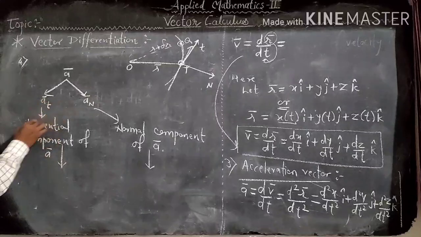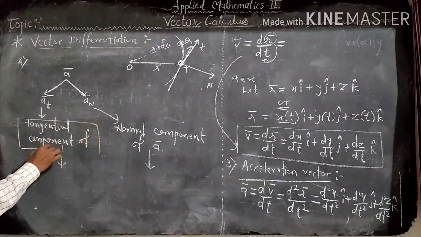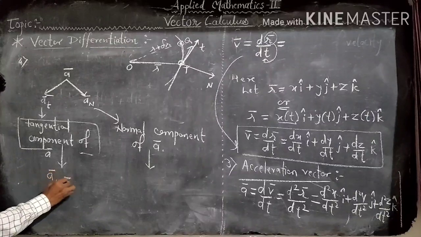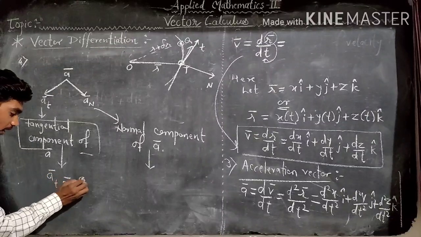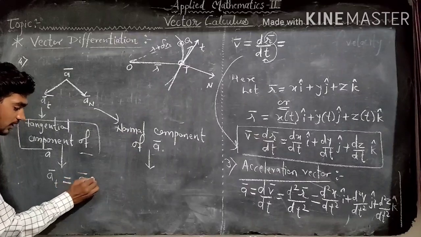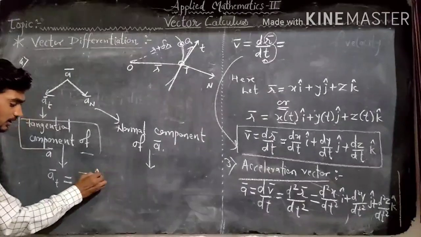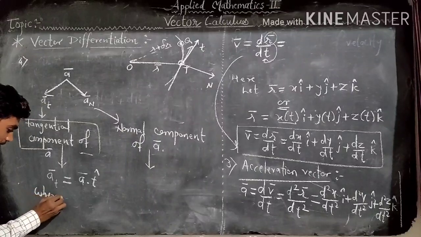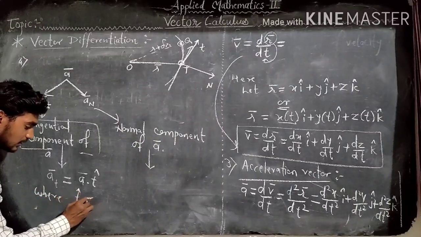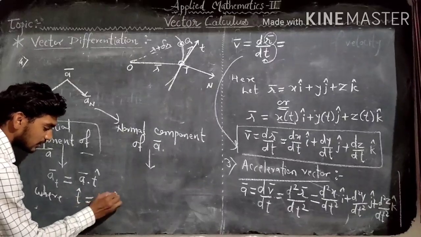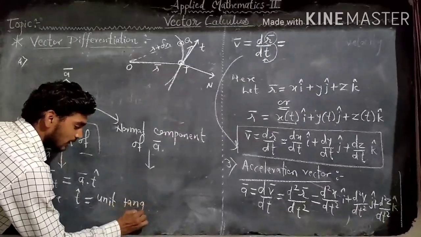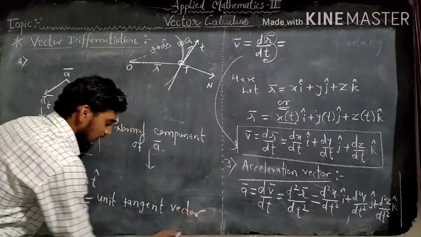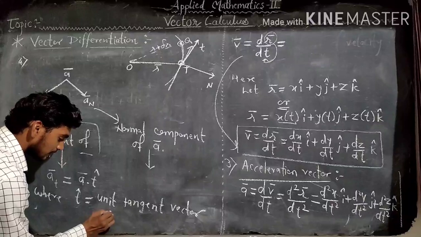First of all, tangential component of acceleration is defined as vector at, which is equal to vector a dot product with unit tangent vector t, where t is unit tangent vector in the given direction.